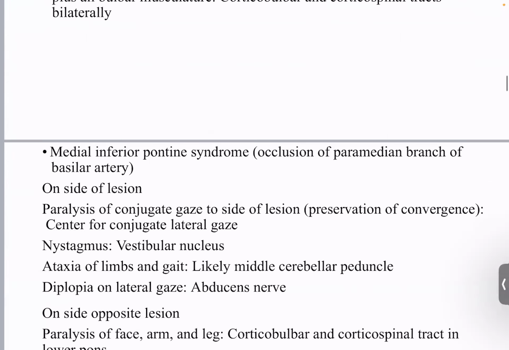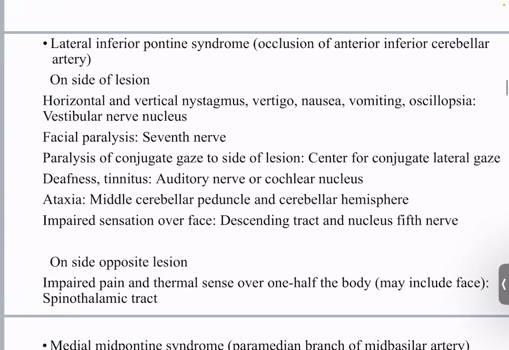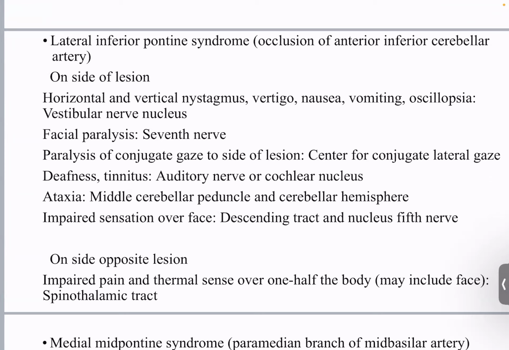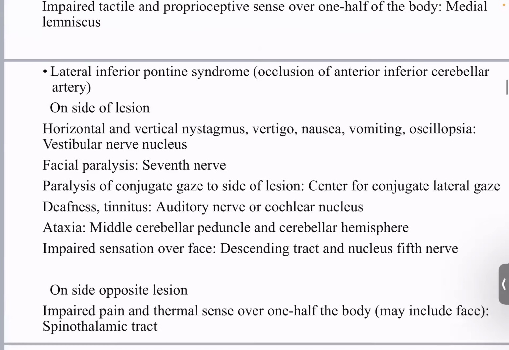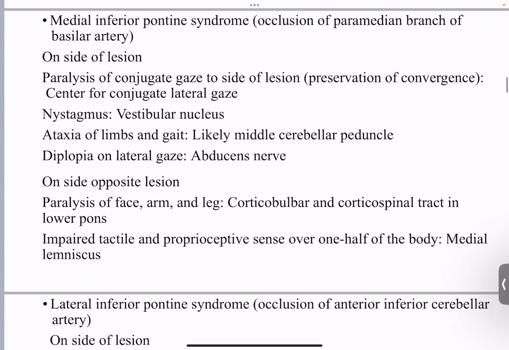Sir, it is difficult to locate things like medial inferior pontine syndrome or lateral inferior pontine syndrome. You can grossly tell pontine syndrome, medial or lateral. It is not very difficult.